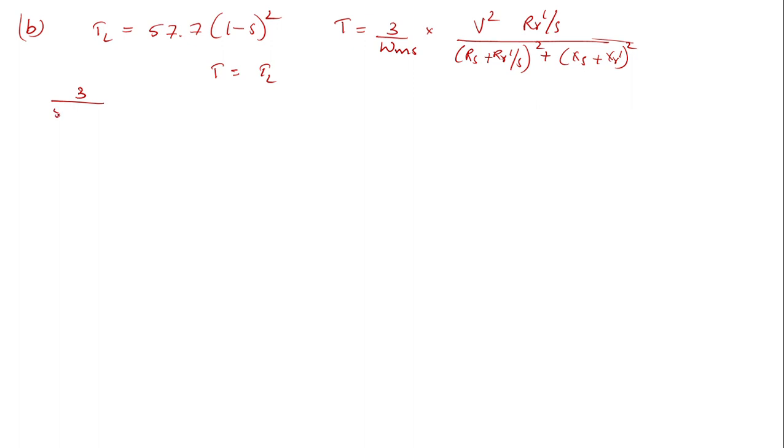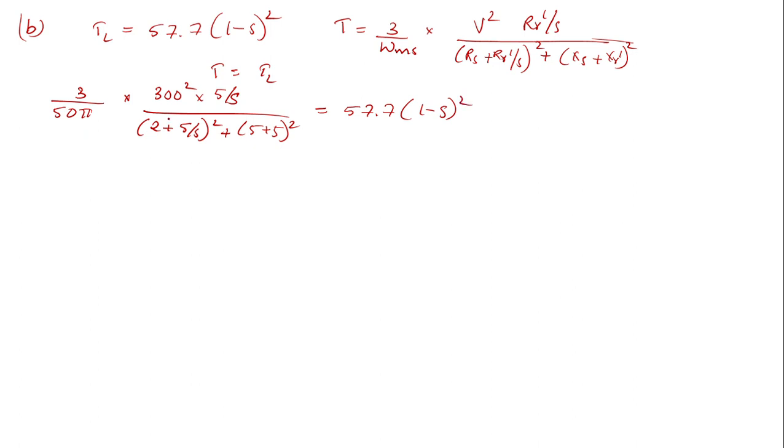That will be 3 by 50 pi into the voltage 300 square into 5 by S, divided by (2 plus 5 by S) whole square plus (5 plus 5) square. That will be equal to 57.7 into (1 minus S) whole square.